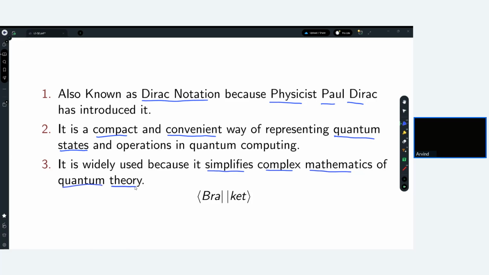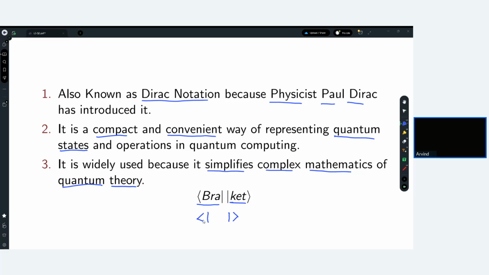And you can remember this bracket notation consists of two different notations basically. One notation is called the bra notation, which is a less than sign followed by one vertical bar. And the second notation is typically called the Ket notation, which is a vertical bar followed by a greater than sign.